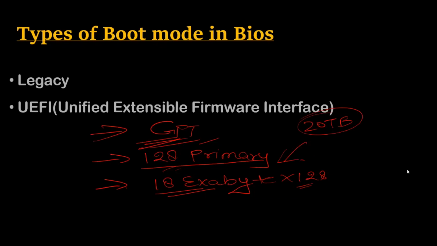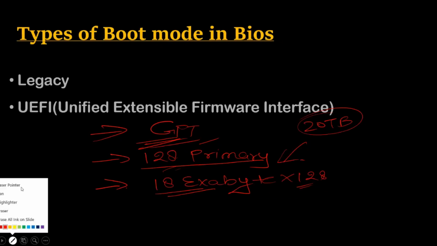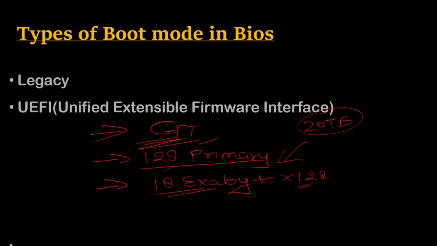And between MBR and GPT, we have one more thing. Suppose I take this example, if I am using MBR, this is my MBR hard disk. In an MBR hard disk, how will your data be placed?